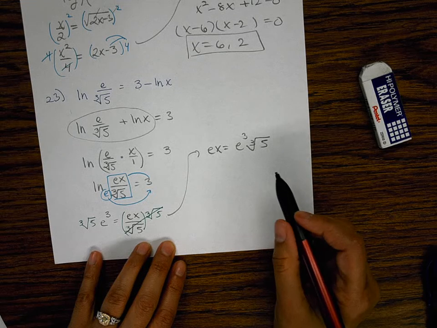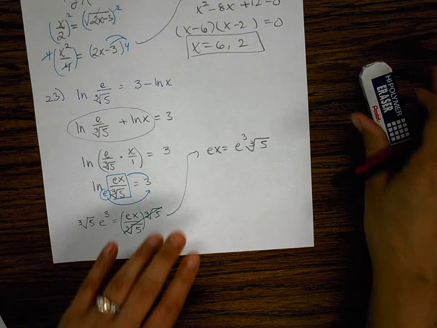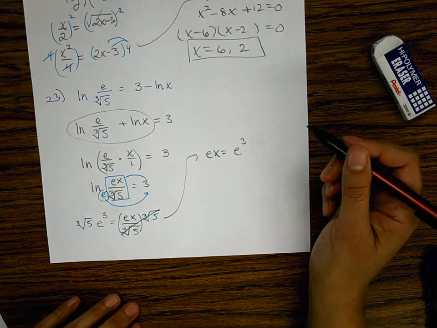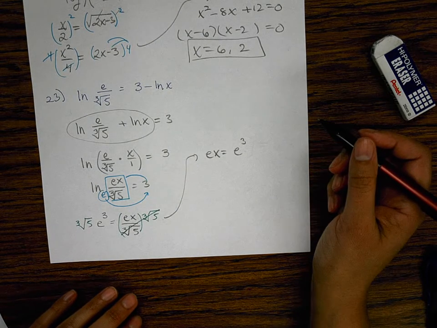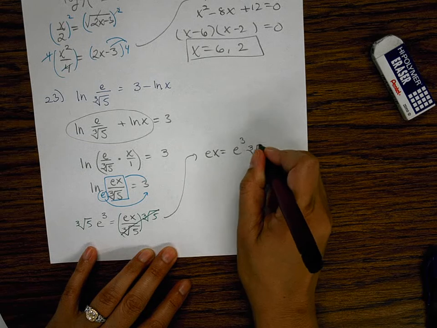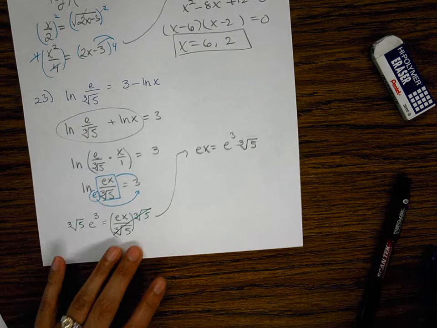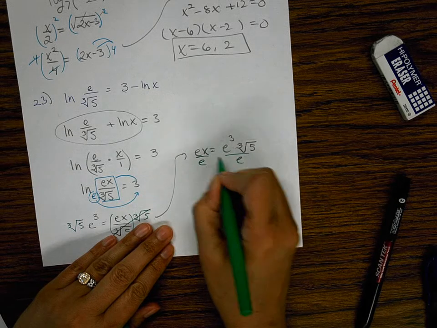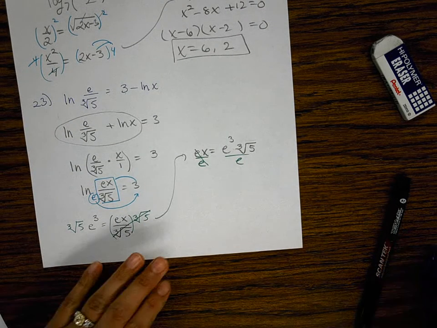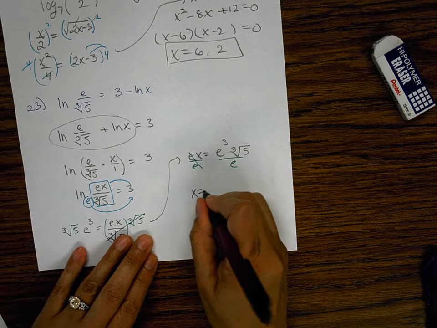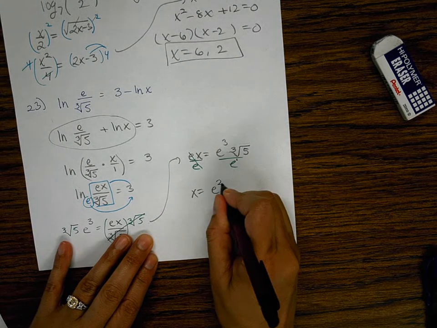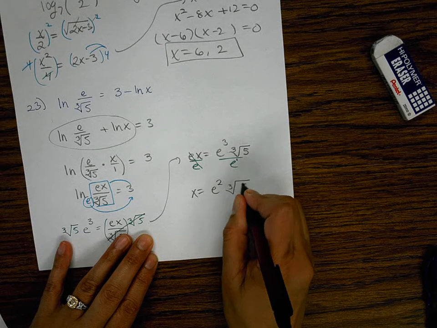Ex equals e to the third times the cube root of 5. And then I'm going to divide both sides by e to get x by itself. X equals, like bases, so I subtract the exponent, so it's e squared times the cube root of 5.